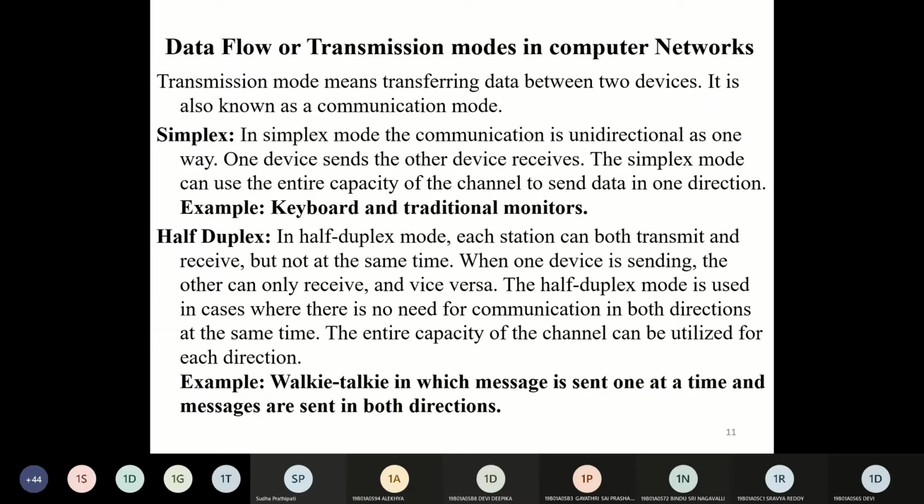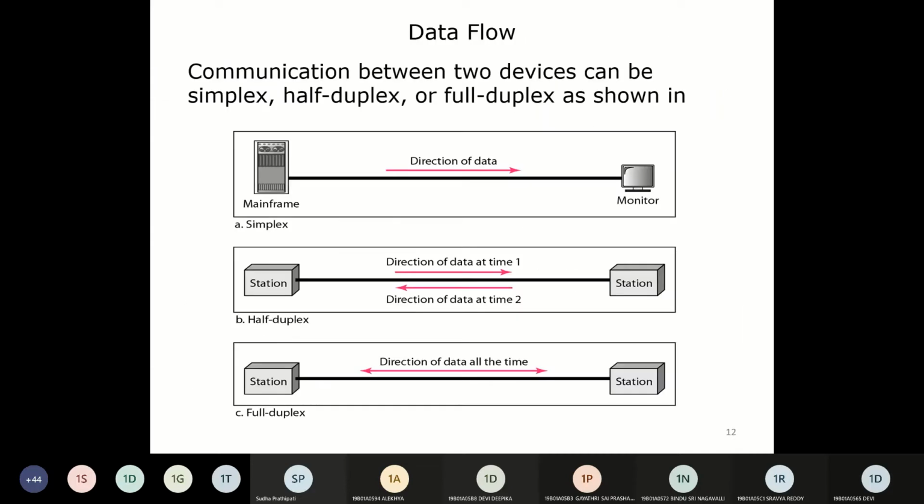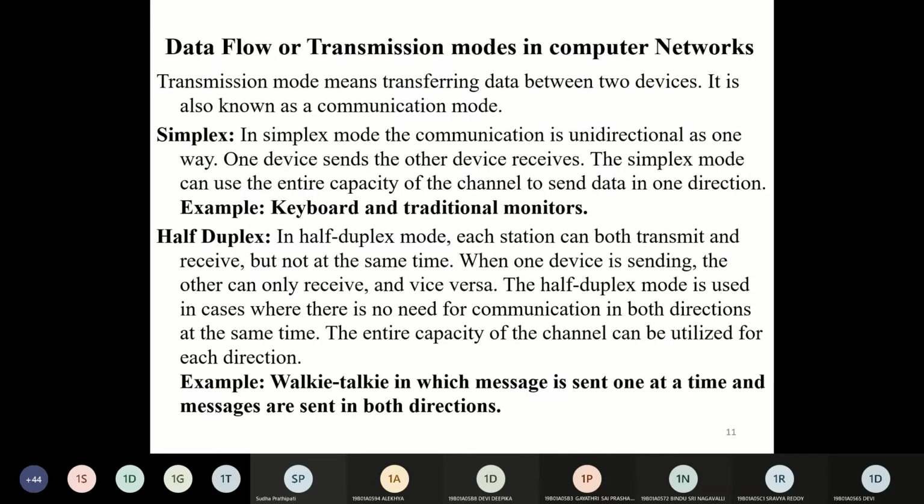There are 2 devices, a sender and a receiver, and the receiver cannot send any feedback back to the sender. Such communication is called the simplex transmission mode.